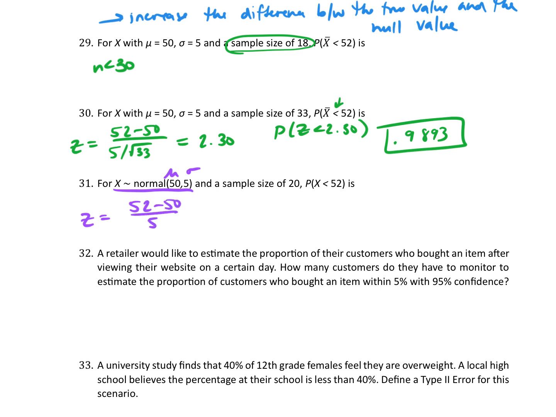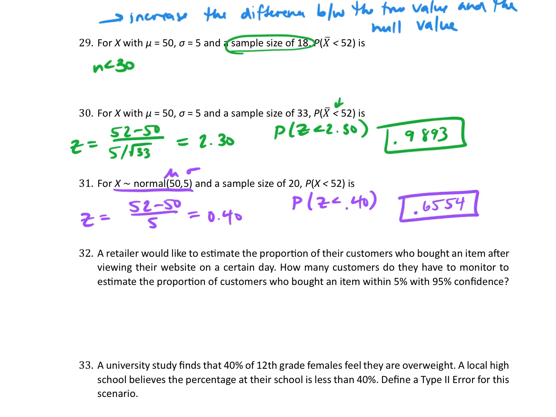Because I know it came from a normal distribution, you don't have to do the divided by square root of 33, or square root of n. So my z-score here is 0.40. Still finding less than, so I'm just going straight to the z-chart and finding that answer. And I get 0.6554.